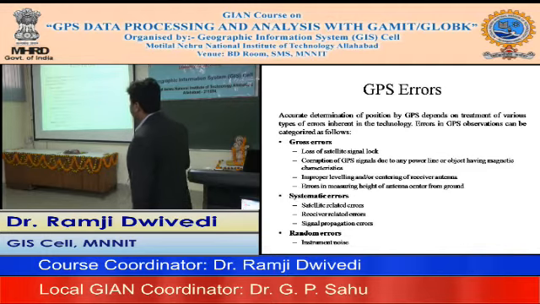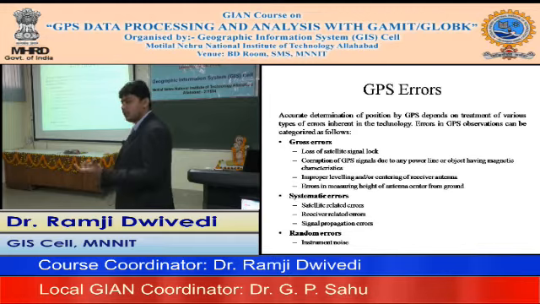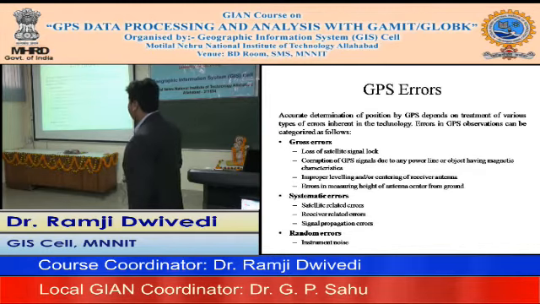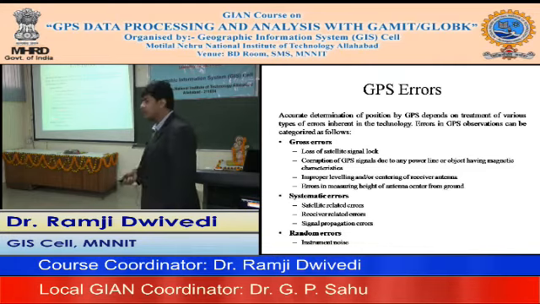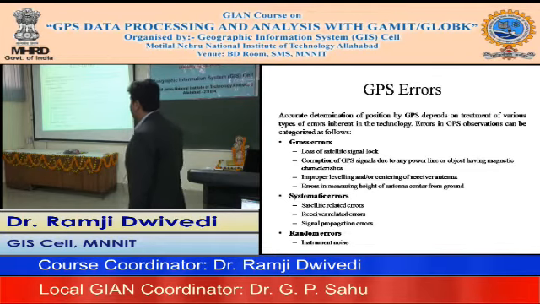These we generally avoid. There are also errors in measuring the height of the antenna center from the ground, which we have discussed in a few labs: we have to properly measure the antenna center from the ground. Some systematic errors we have also seen in the phase residuals, where patterns are biased towards a particular trend: satellite-related errors, receiver-related errors, and signal propagation errors. And some random errors are because of instrument noise. So these are categorized based on the effect they have.